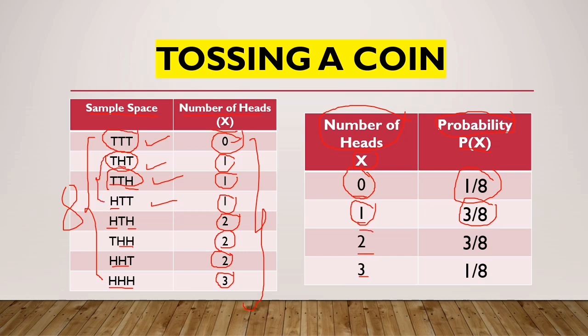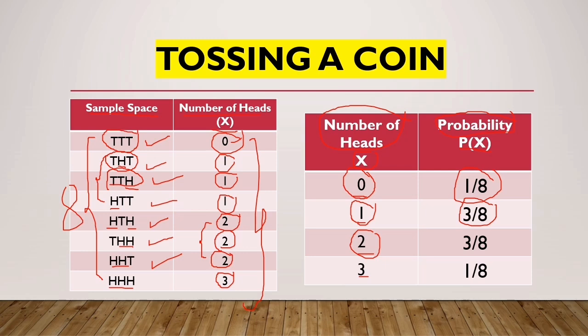The next is 2. What is the probability that the number of heads that would appear is 2? From our table on the left side, we have outcomes that have 2 heads, and these are represented by HTH, THH, and HHT. So there are three outcomes that have 2 heads.